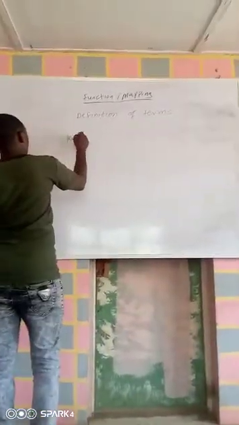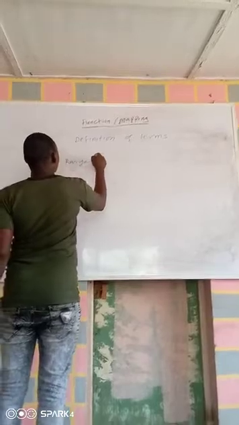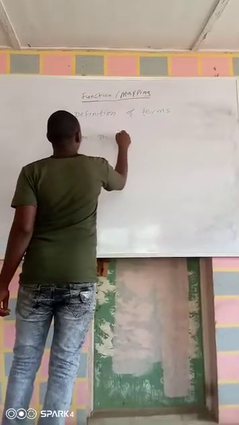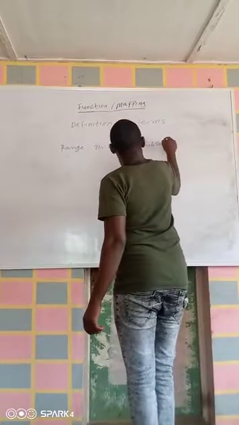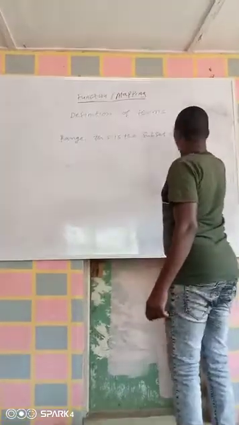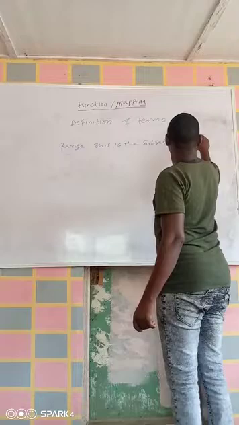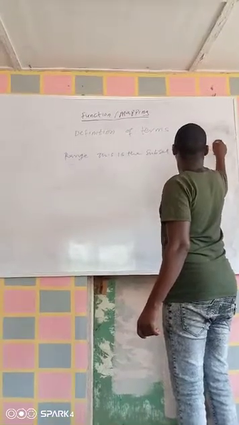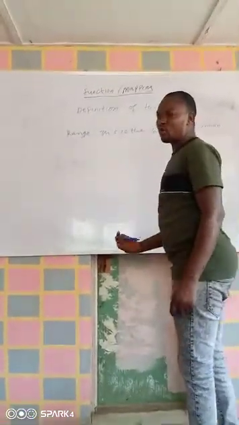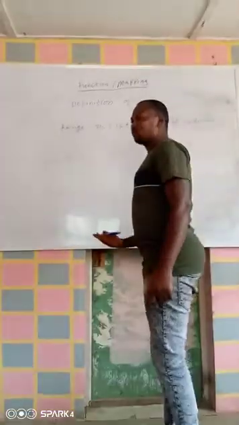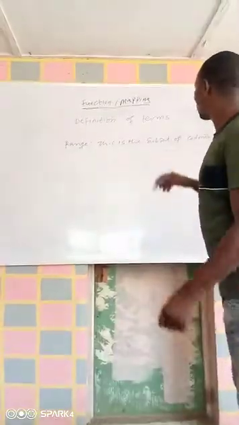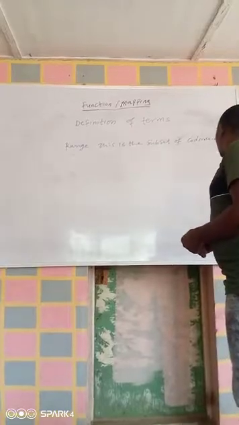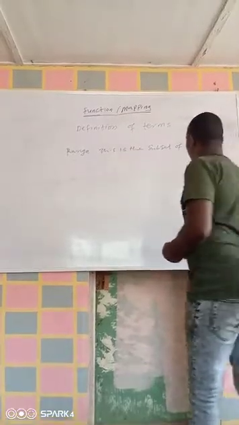So we have a range, which is the subset of codomain. So it's under codomain. It belongs. What is a subset? That means it belongs to it.